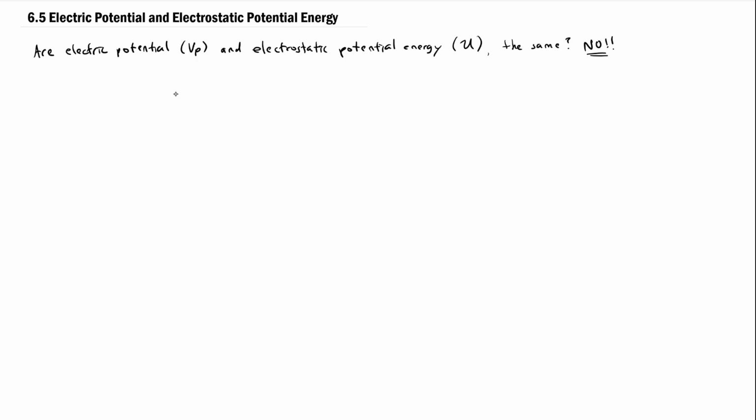And the analogy I want to use is one that you're familiar with and that we talked about in the introductory part of this chapter. We have gravitational potential energy, we have gravitational potential at a point in the gravitational field.